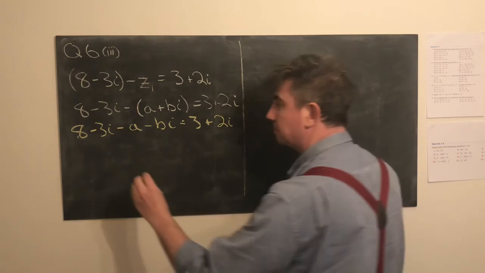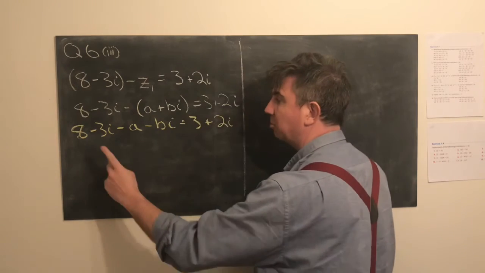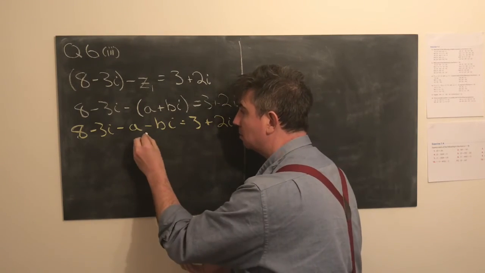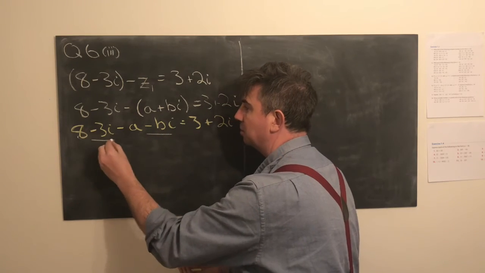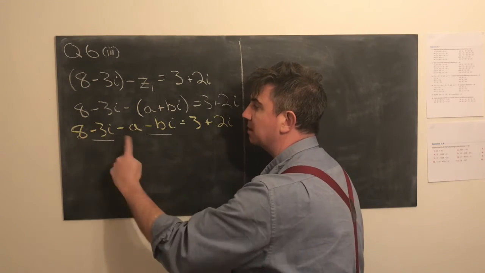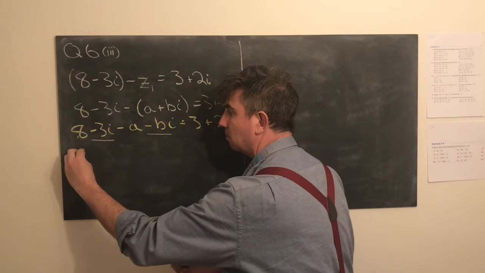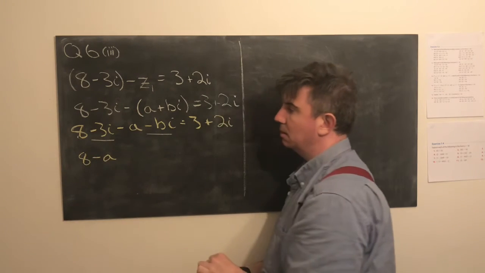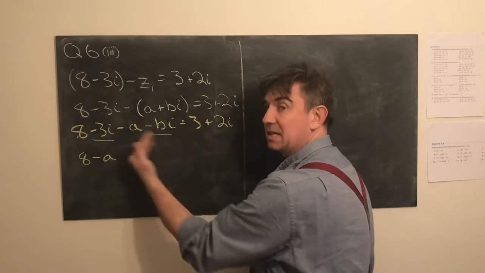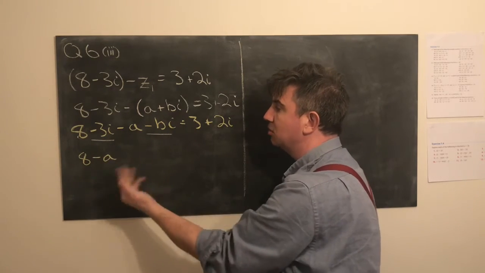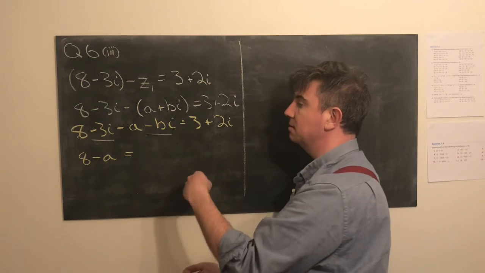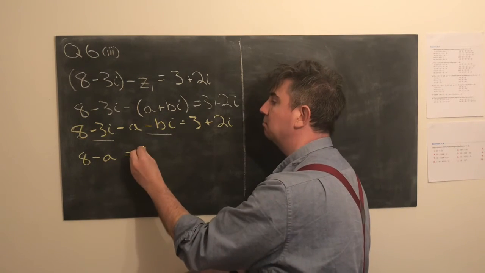And then we have 8. Looking at the real parts, well, that's an imaginary part, and that's an imaginary part. So just looking at the real parts, we have 8 minus a. And that's the real part on the left-hand side. So that must equal the real part on the right-hand side. So when we take a from 8, it must equal 3.